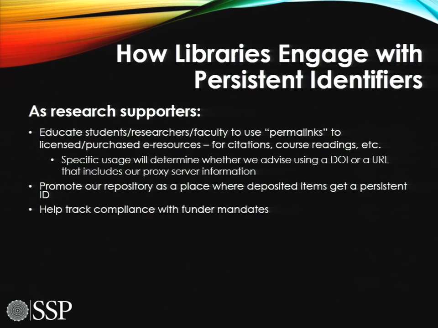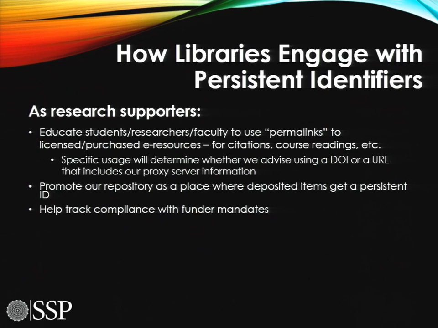How do we engage with persistent identifiers? So as research supporters, we educate all the folks that we work with to do things like use the permalinks to our licensed and purchased e-resources for when they're citing and setting up course readings and so on. Sometimes it will be a DOI, sometimes it'll be something that includes our proxy server information.